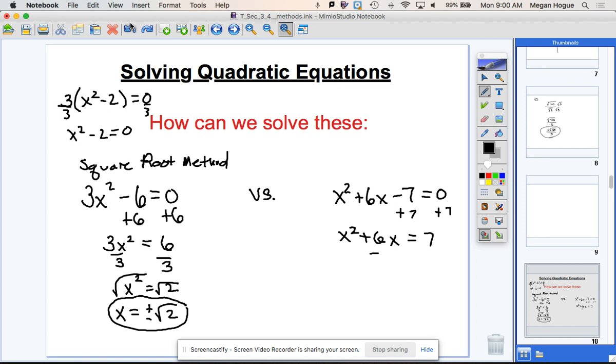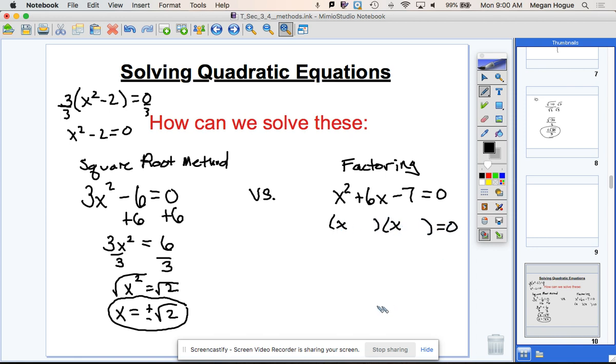Well, what is my other option? Thank you, because we've just done it for 3 weeks. I was hoping we wouldn't forget. So our other option is factoring. Well, good golly, I hope this is a fairly basic factoring. So we're going to put x and x.